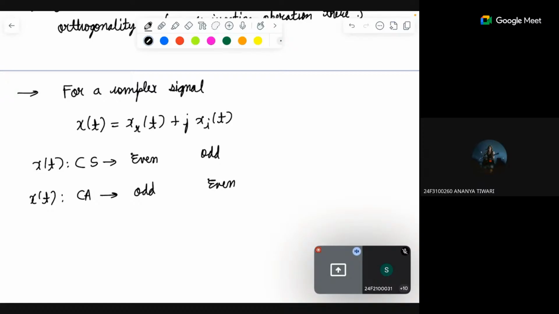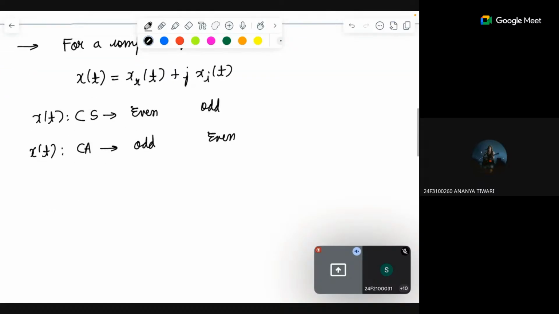All right, so now let us talk about the magnitude and phase. Irrespective of whether the signal is conjugate symmetric or conjugate asymmetric, magnitudes will always be even, and phase will be something like tan inverse of imaginary upon real.